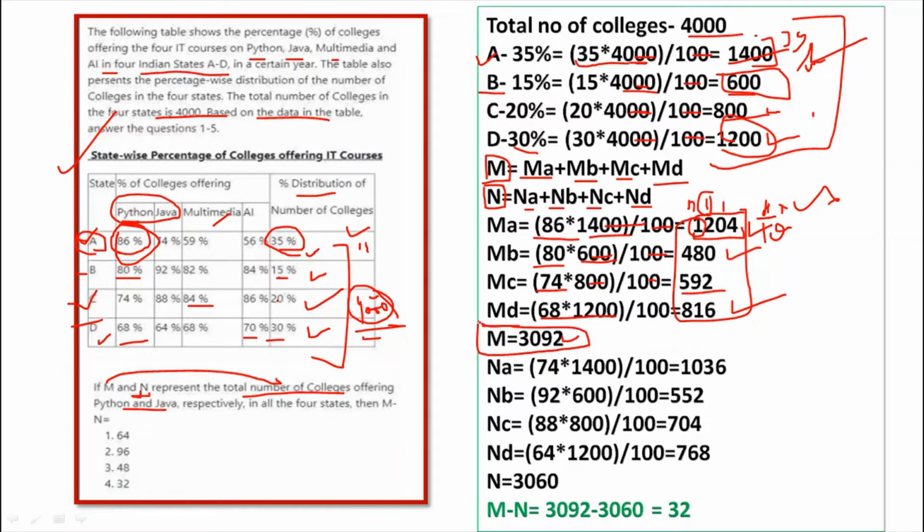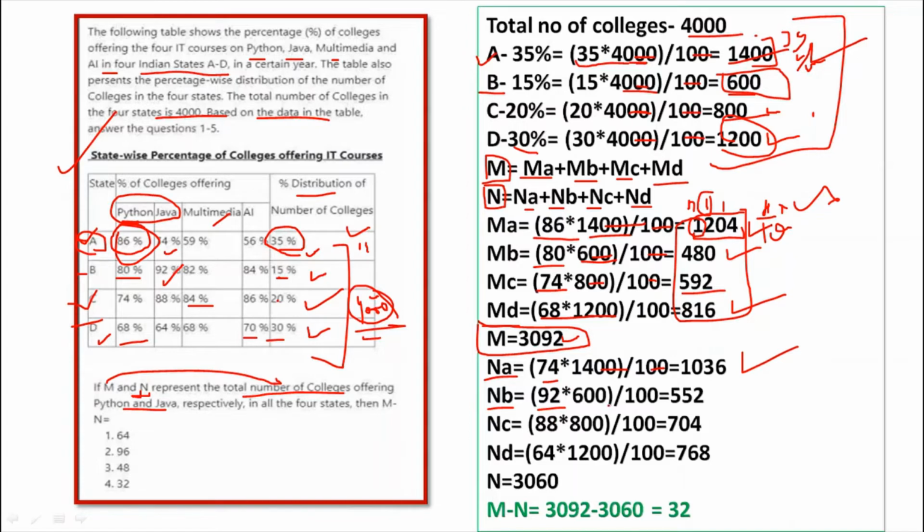Now similarly we will calculate for Java. For Java we have 74% in A, and total number of colleges in A is 1400. So again 74 by 100 into 1400, 00 cancelled, and 74 into 14 we can multiply, it will be 1036. For state B we have 92%, and total number of colleges are 600.